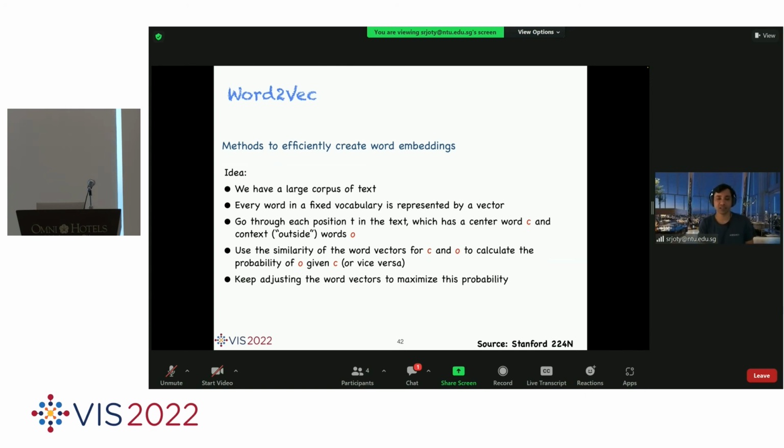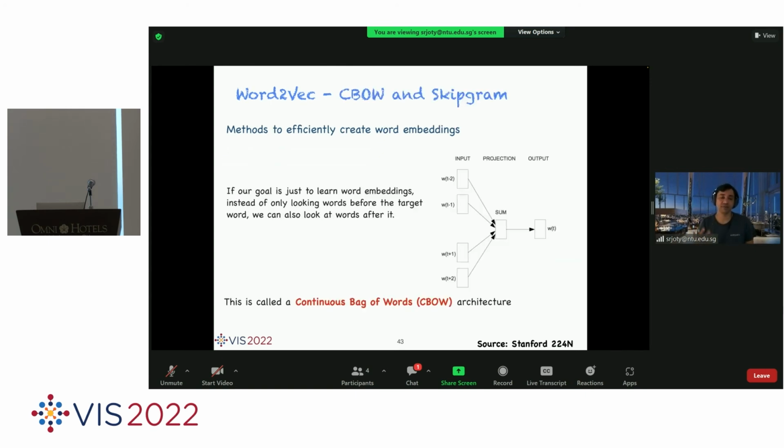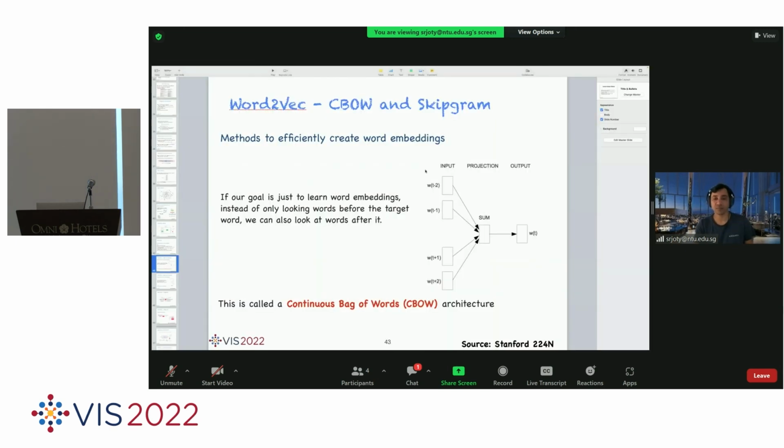Okay, so now let's see an example of that. We have two different versions of Word2Vec. The first one is the CBOW model, which is the continuous bag of words model. Given the previous two words and the next two words as context, we predict the middle word.